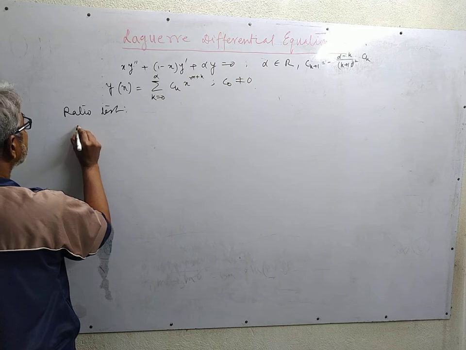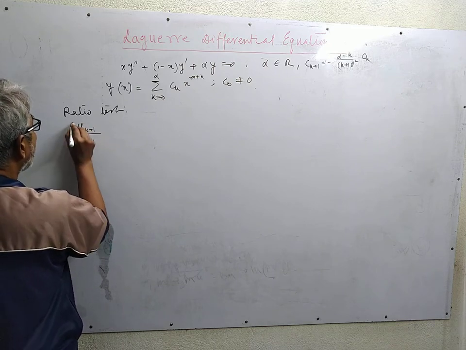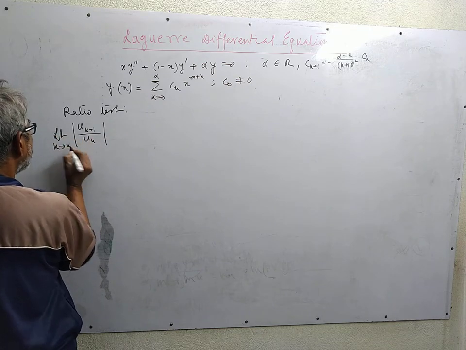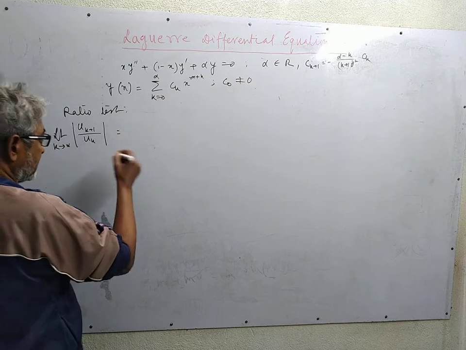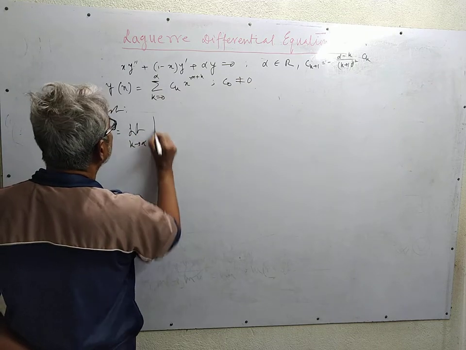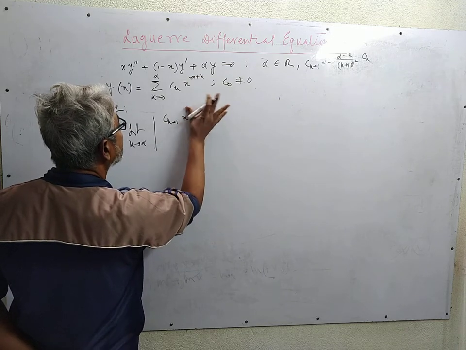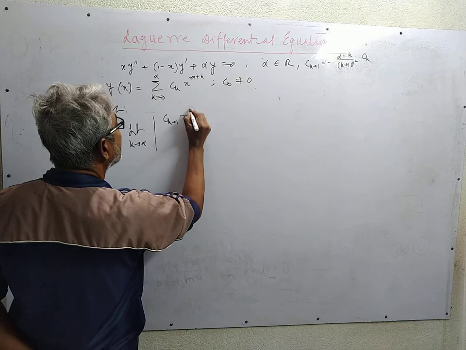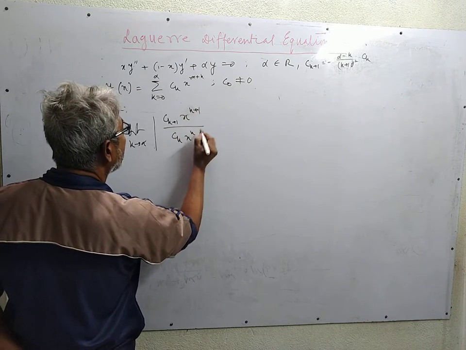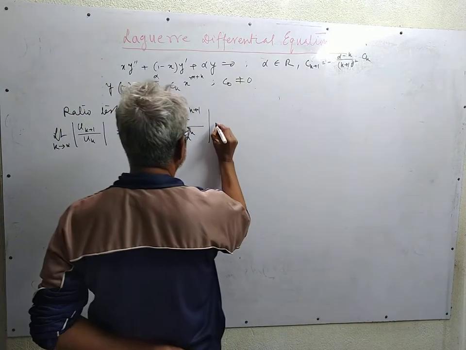We take two consecutive terms, u_(k+1) by u_k, and take its modulus and let the limit k tends to infinity. So this becomes the limit k tends to infinity of c_(k+1) x to the power k plus 1 by c_k x to the power k, where c_k and c_(k+1) are related in this fashion.